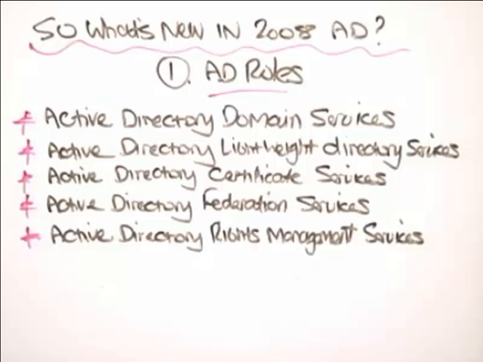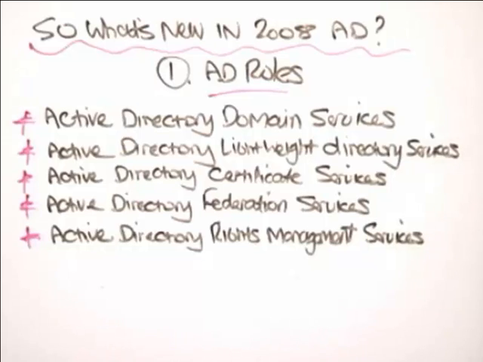Certificate Services now becomes Active Directory Certificate Services, and again, there are some significant improvements there which we'll cover during the course of these videos. A new feature is Active Directory Federation Services. This is an exciting feature because it allows you to work with partners, customers, suppliers who may need a single sign-on solution.